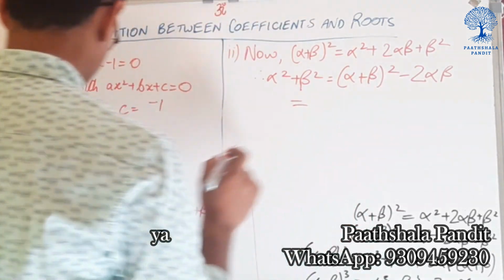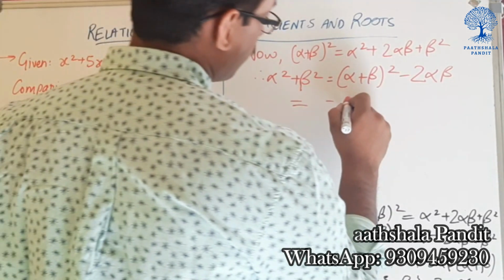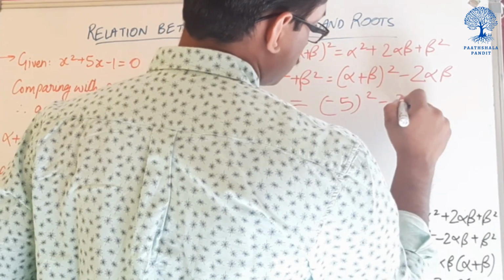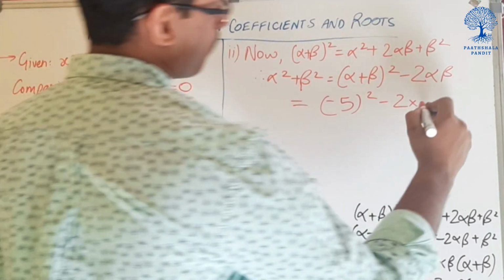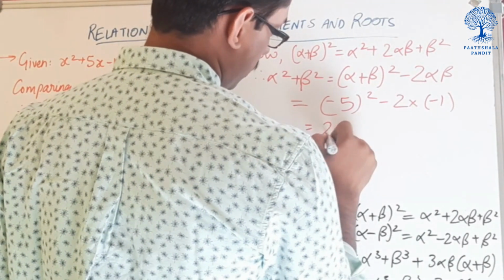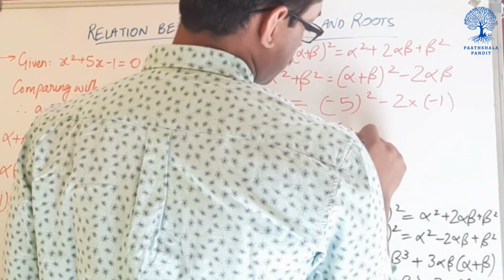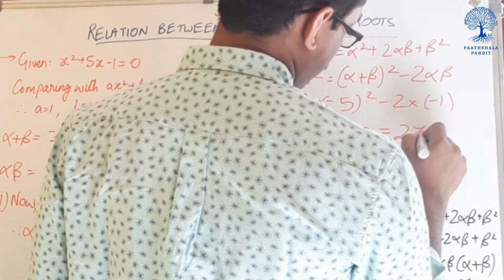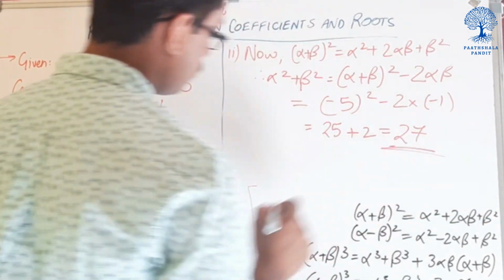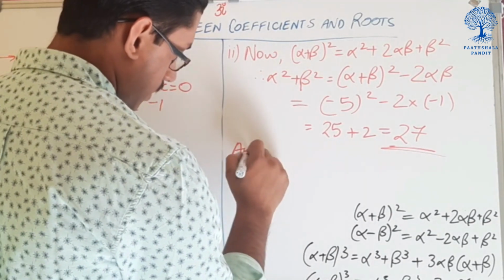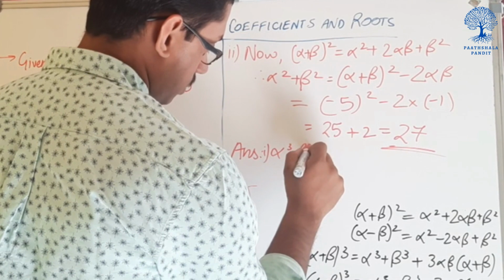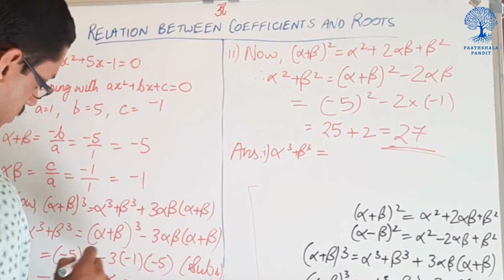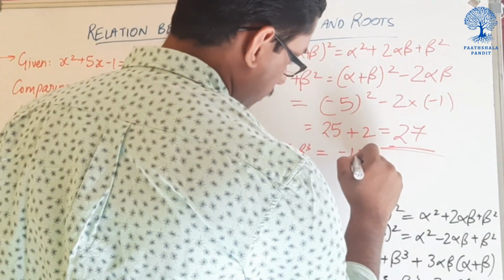Substitute it now. Alpha plus beta is minus 5 whole square minus 2 multiplied by alpha beta, which is minus 1, which is 25 plus 2, which is 27. Okay, you got these two things. Write the answer. First one is alpha cube plus beta cube equals minus 140.